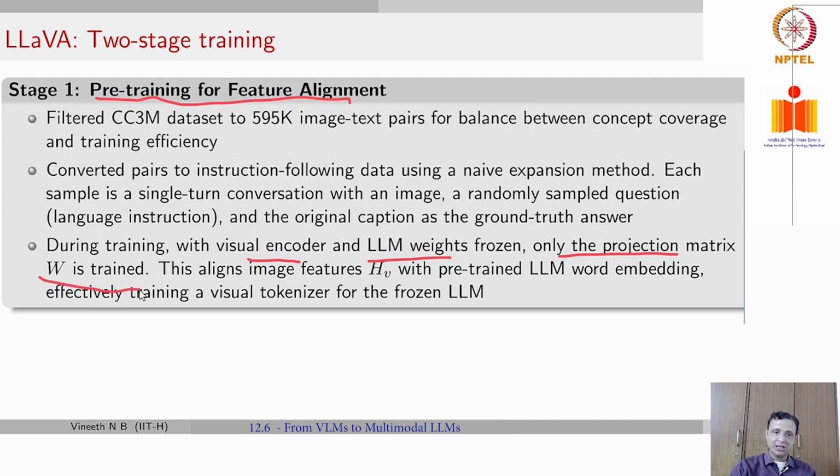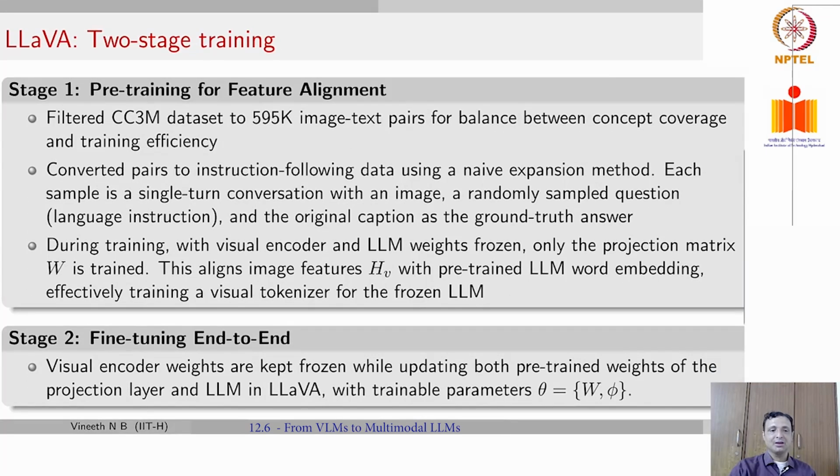Those embeddings were projected onto HV, and this step aligns the image features HV with pre-trained LLM word embeddings. So in some sense, you are trying to learn the best image tokens that can be given as input to the LLM, along with the text tokens that come from the LLM word embedding.